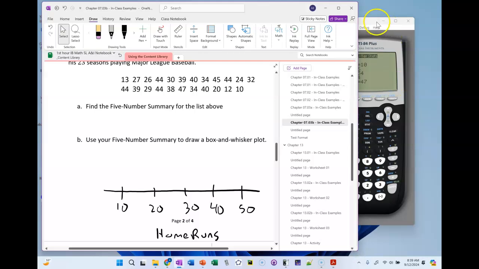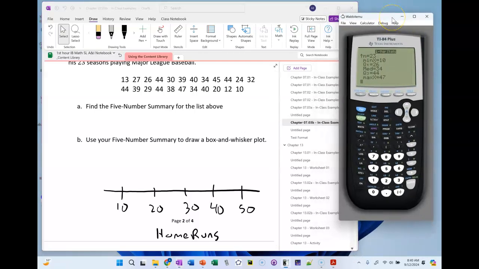Now, technically, what should I still check for before I start filling this stuff in? Outliers, right? Now, I'm not going to do that right now because I am pretty positive by looking at this thing, there's no outliers. Because if I look at the low end, I have a 10, a 12, a 13. And at the high end, I have a 47, a 44, a 44, a 44, a 44. I'm quite confident there's no outlier here. But in practice, you'd want to check that first.